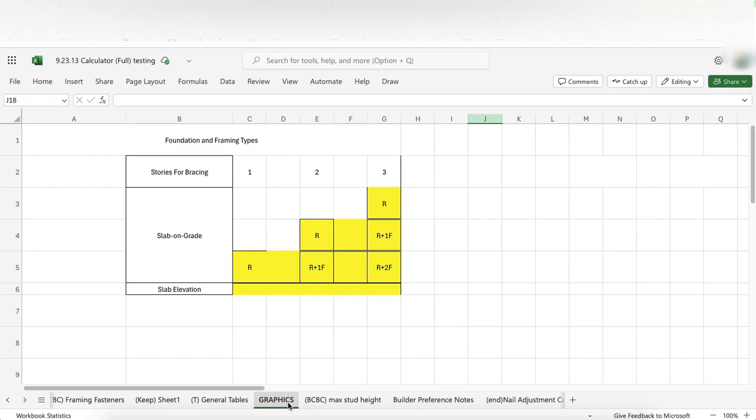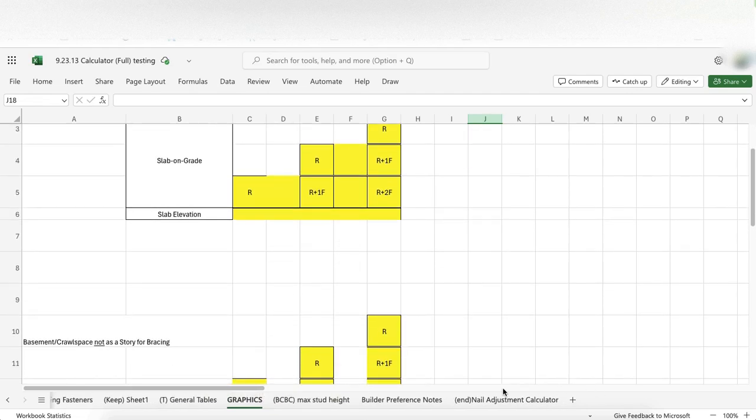With the data, at least in this calculator, we might be able to produce something like that. Again, for builders, that might be helpful. Certainly for building inspectors, that might be helpful as well. But anyway, that's further down the line.